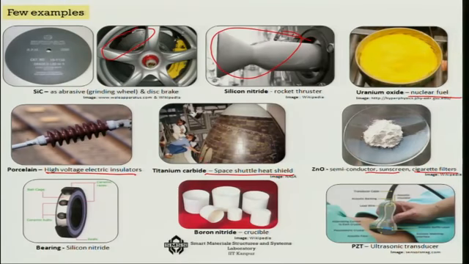Bearings, you will get silicon nitride again, boron nitride in crucibles, and of course lead zirconate titanate, one of the smart materials which is heavily used in ultrasonic transducers.